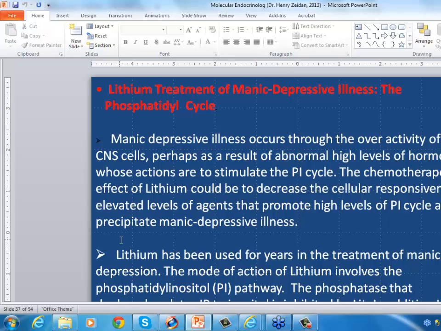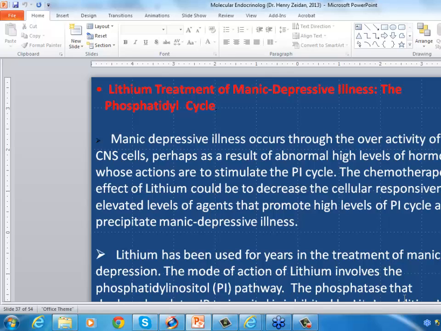This abnormally high level of hormone will tend to stimulate the PI cycle. Lithium will tend to interrupt this cycle, and it's used effectively as an anti-bipolar agent.